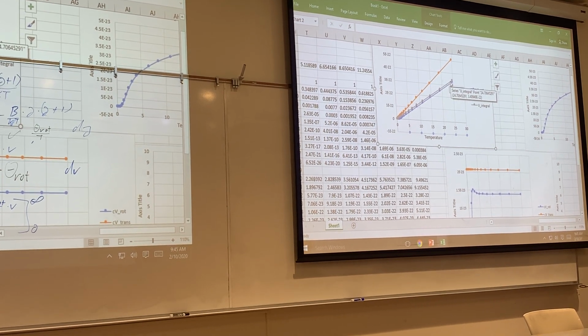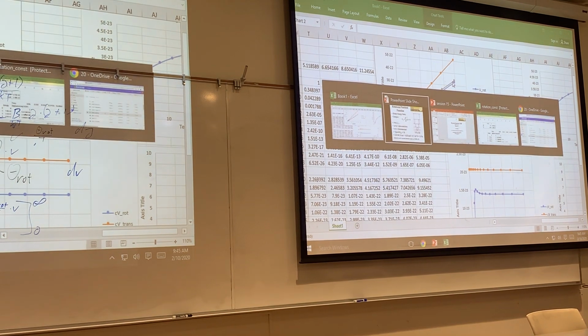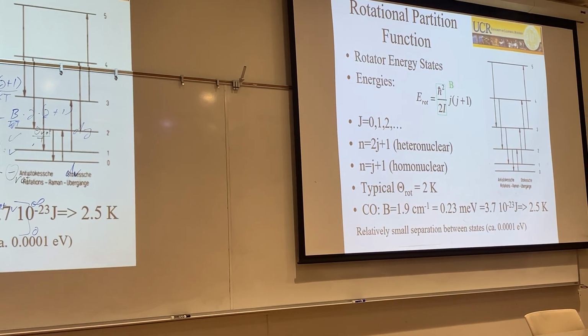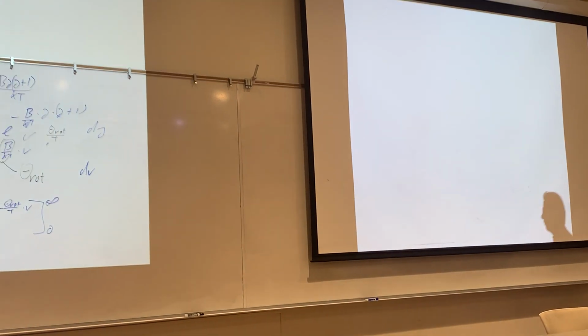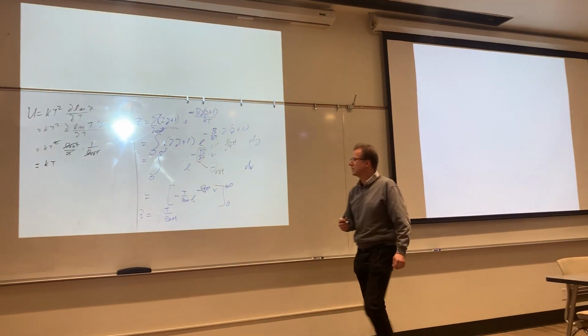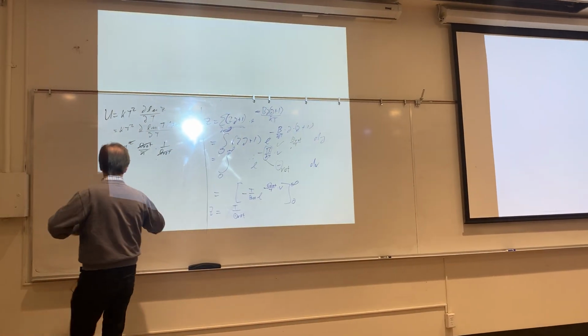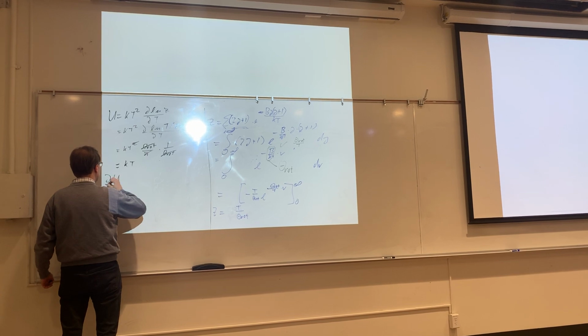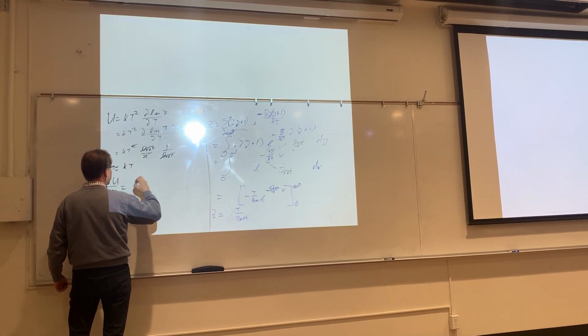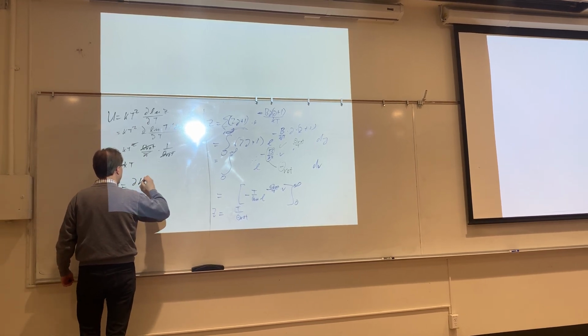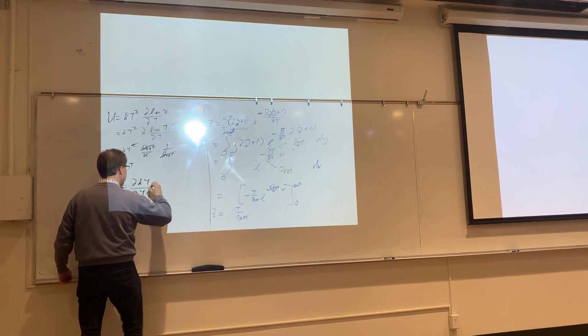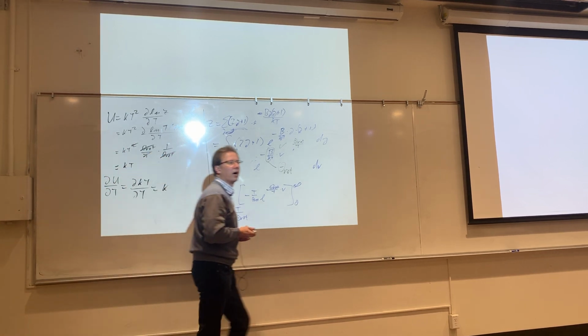Now we can also then, of course, see what is the heat capacity we should get from our system. If we want to know what the heat capacity is, the heat capacity is dU by dT, which equals d(kT) by dT, which is of course just k.